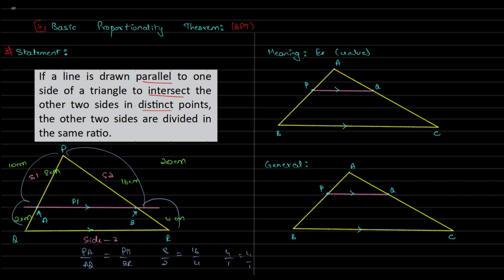Let me take a somewhat more complicated example. Say this is again 10 centimeter. The theorem tells that if a line is drawn parallel to the third side, intersecting the other two sides in distinct points, then if this ratio is, say, 3 by 7, the other two parts will also be in the ratio 3 by 7.